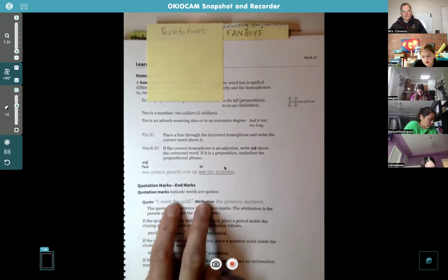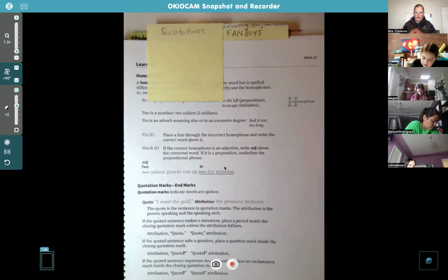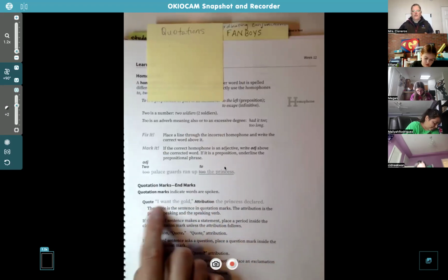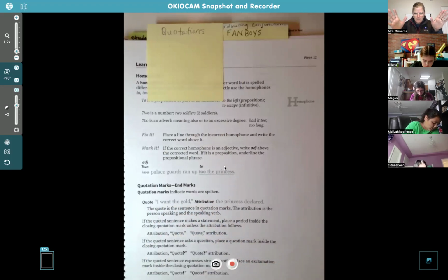And we have two parts to quotes. We talked about this before. It has the quote, which is what they're saying, and then the attribution. So if your camel is speaking or screaming, if your camel is screaming, that's the attribution. And then whatever he's screaming, like, let me in, that's going to be the actual quote. That's what he's saying. That's going to be in quotation marks.